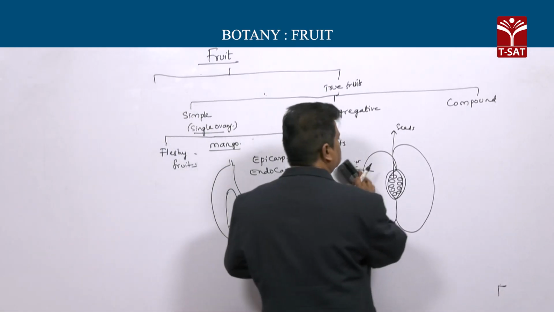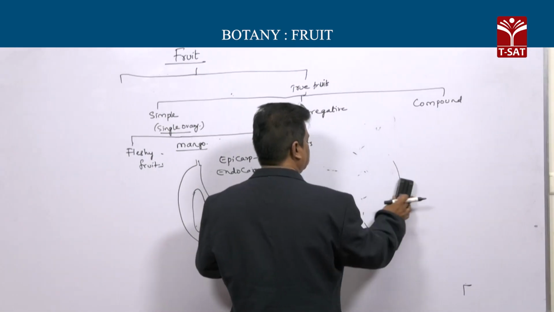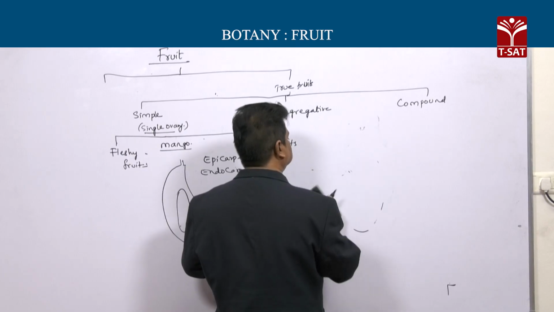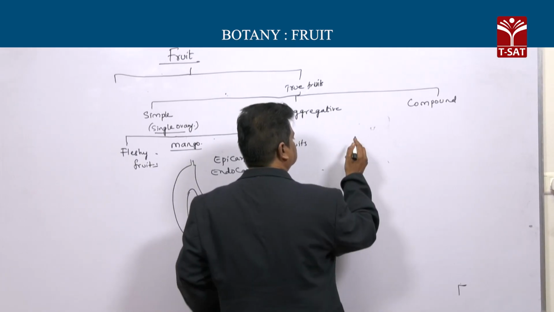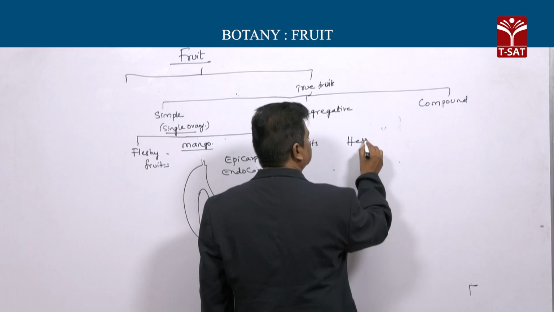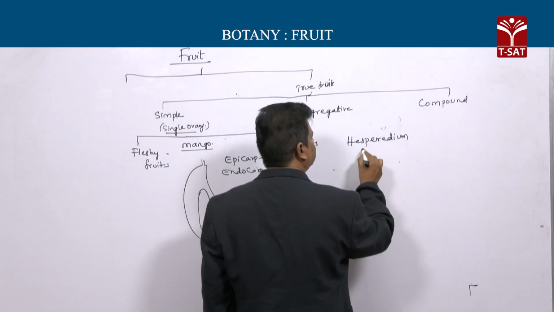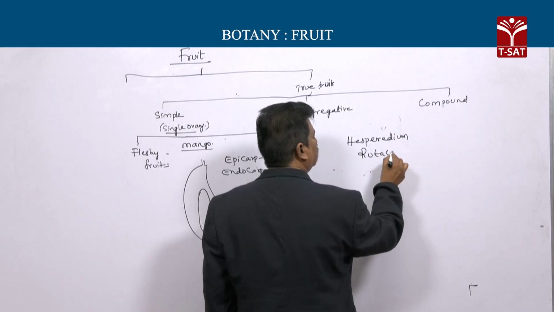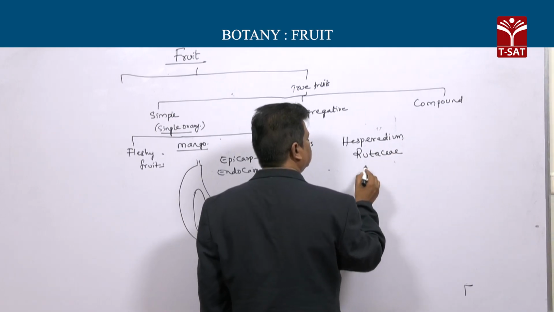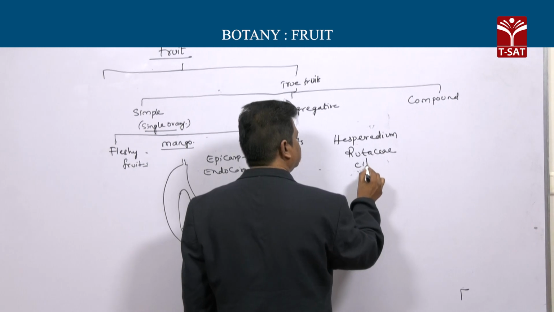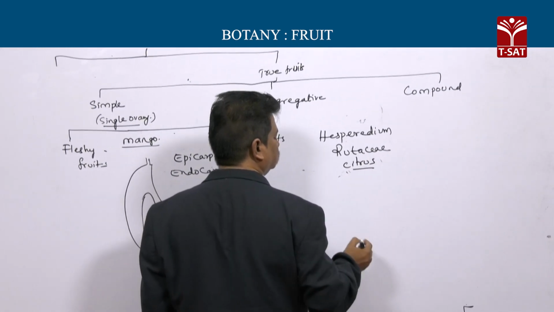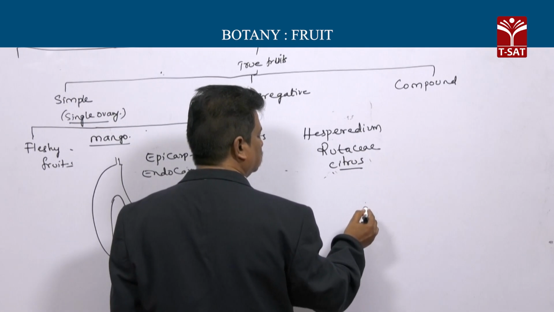Then, next one, Hesperidium. Hesperidium fruit is the characteristic fruit of the Rutaceae family or orange family, for example citrus.